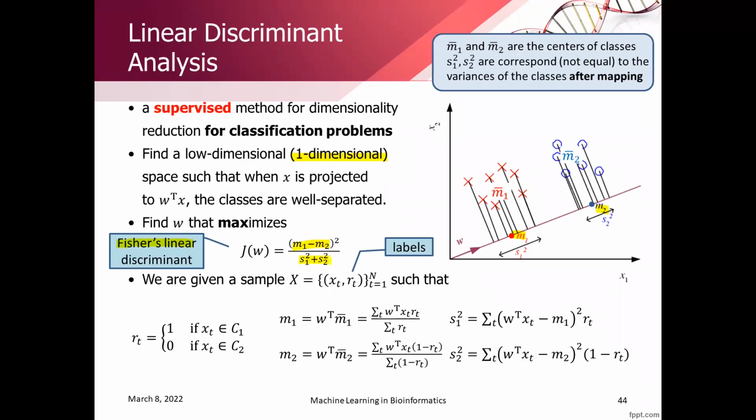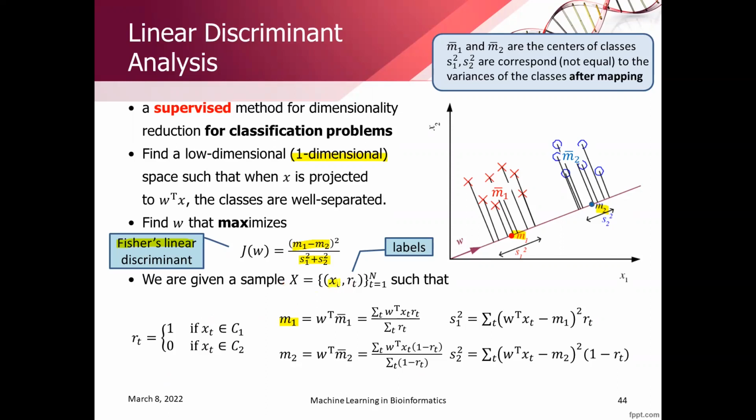So in this formula, m1 is the projection of the mean of the first class. And here are the formulas. I will explain them in detail because many further formulas will be built in this way. For distinguishing the classes, we have labels.